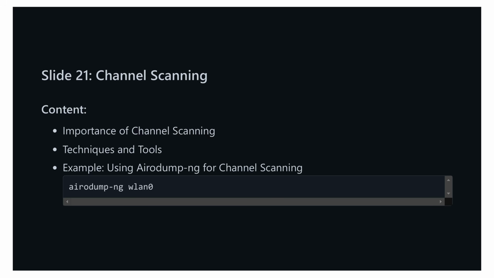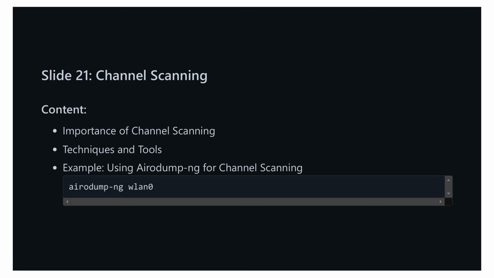When it comes to techniques and tools for channel scanning, various options are available. One prominent tool used for this purpose is Airodump-ng. It's a powerful command line tool used for network packet capturing and can provide comprehensive details about network traffic. To illustrate the usage of Airodump-ng, consider this example command: airodump-ng wlan0.